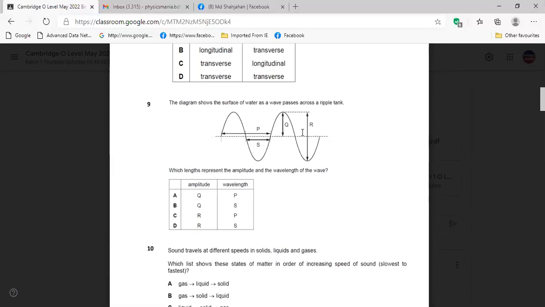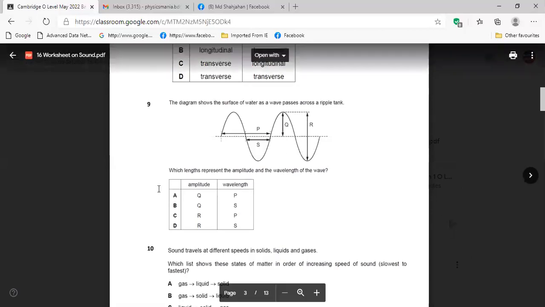Sir, P. Yes, P is the wavelength. So what should be your answer? A. What is S? S is half of the wavelength. So R is double the amplitude, right? Always remember that.